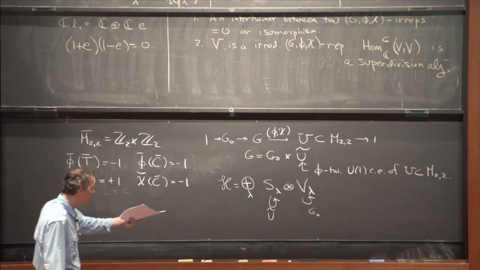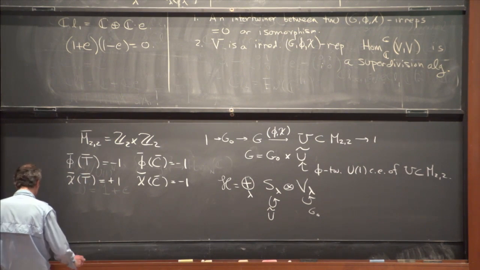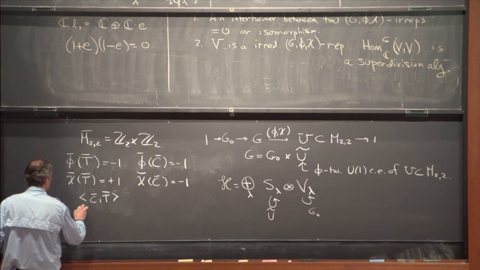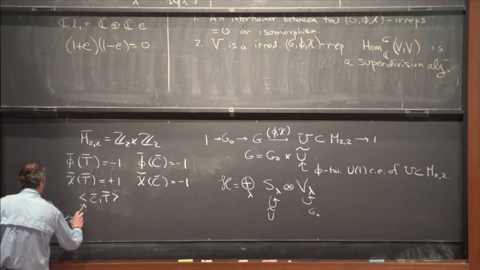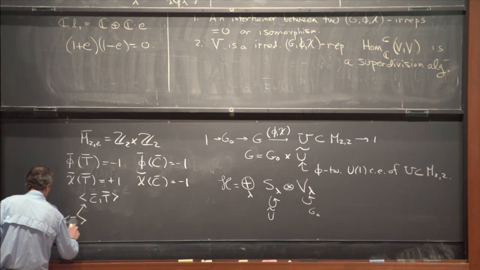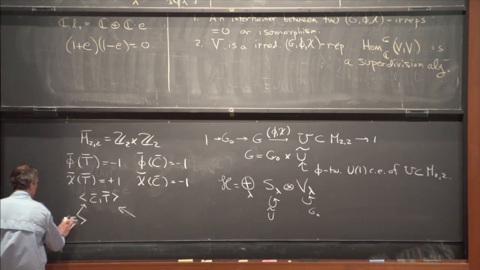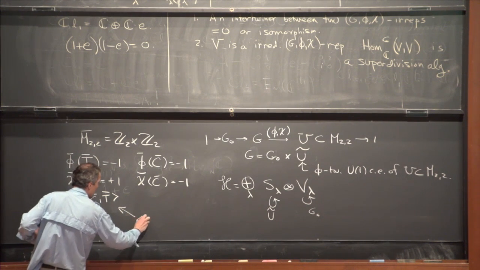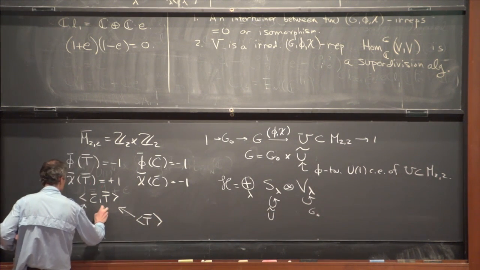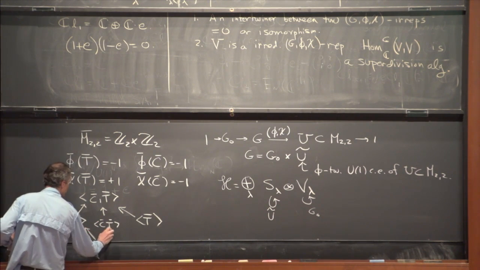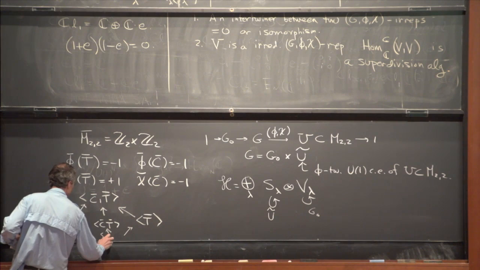Now, how many subgroups are there of M22? Well, that's easy. You make a lattice of subgroups of Z2 times Z2, and you can have the generator, I guess I have it here by C bar, T bar, or of course you could have the diagonal, and then the only other subgroup is the trivial subgroup.